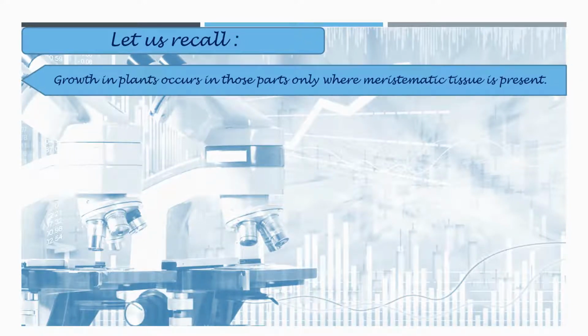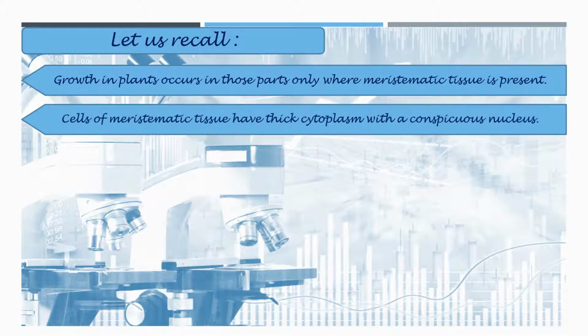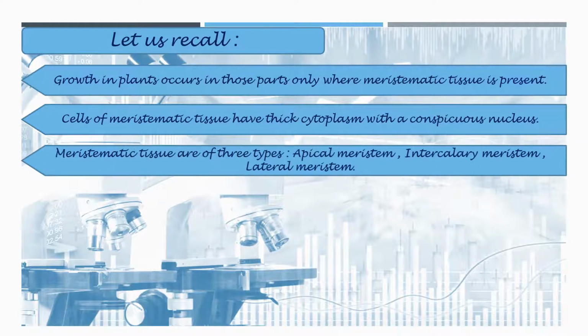Then we also learned that growth in plants occurs in those parts only where meristematic tissue is present, and cells of meristematic tissue have thick cytoplasm with a conspicuous nucleus. Meristematic tissue are of three types, that is apical meristem, intercalary meristem, and lateral meristem.